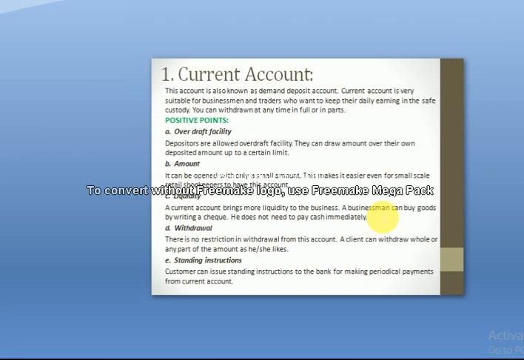Another benefit is withdrawals or drawings. As I discussed earlier, there are no restrictions on drawings in the case of this account.